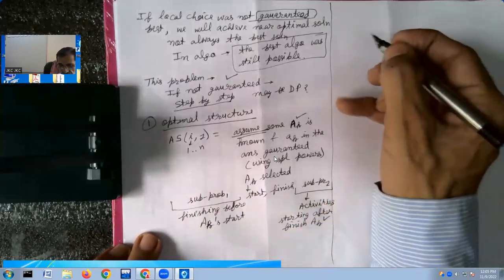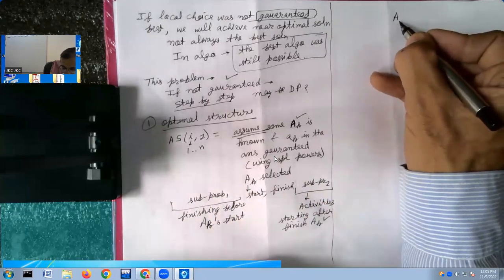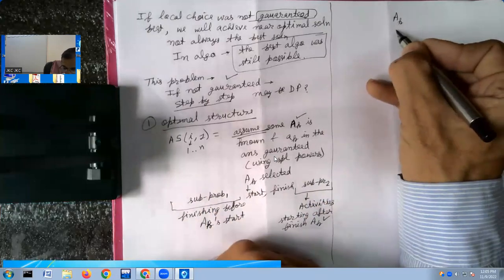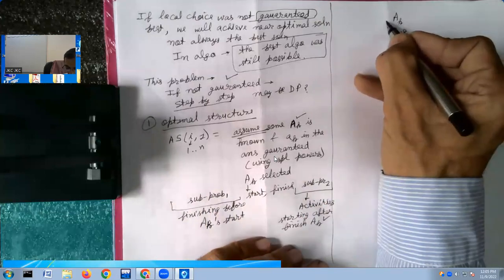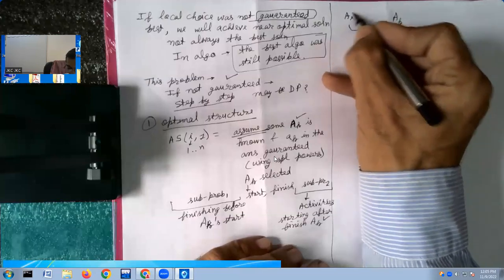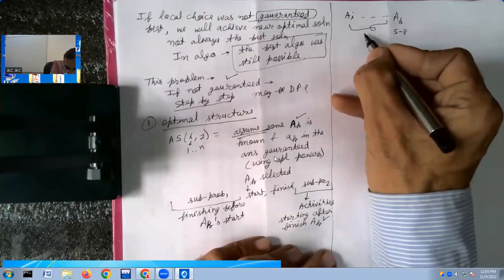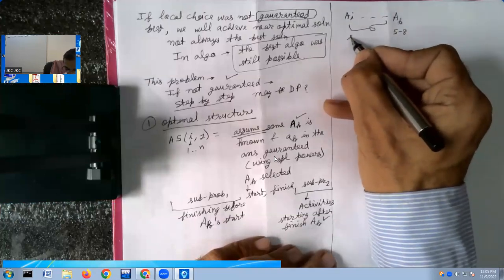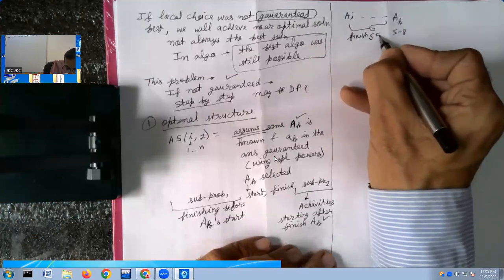For example, if AK is some activity with starting time 5 and ending time 8, then from AI onwards, on this side, I will find activities whose finish time is less than or equal to 5.